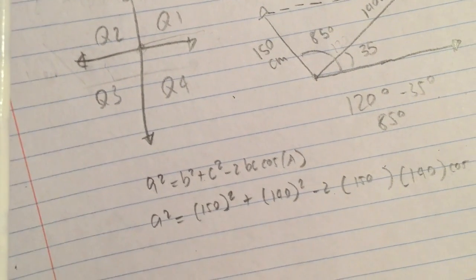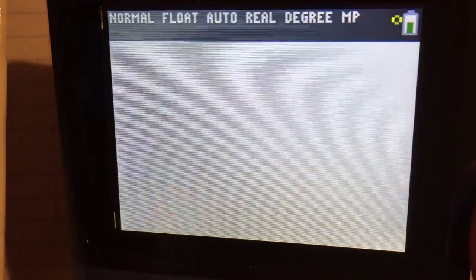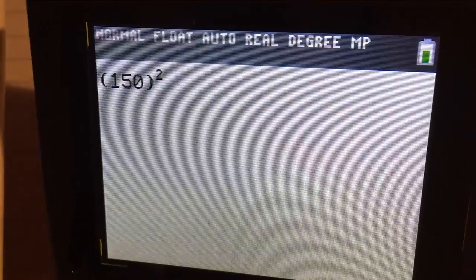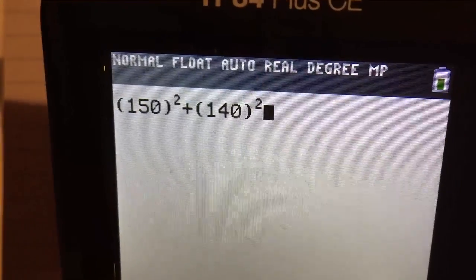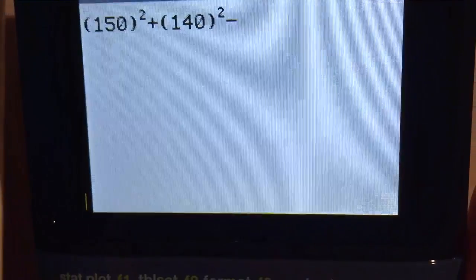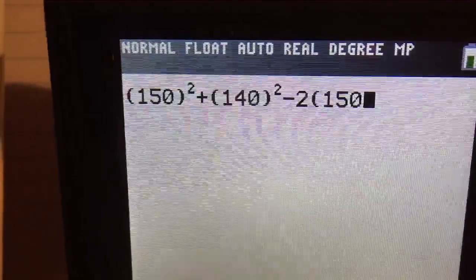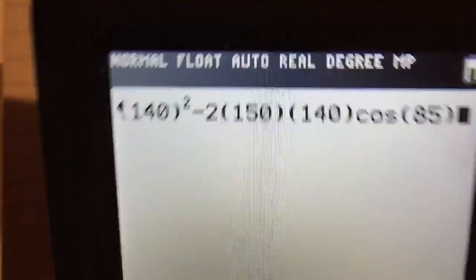Okay, and you can do this manually, or you can solve it by segment in your calculator. This would be 150 squared plus 140 squared minus 2 times 150 times 140 cosine of 85.